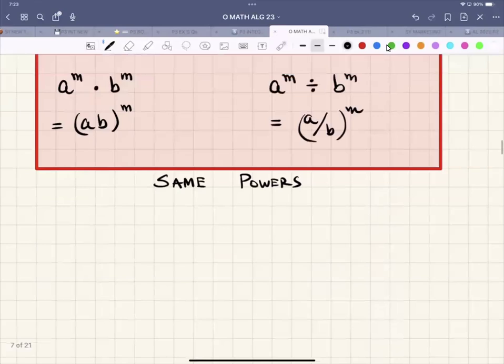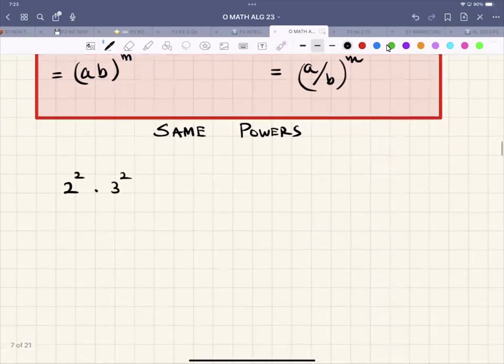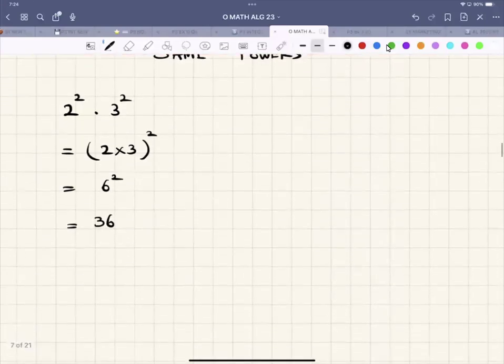So now over here, let me write 2^2 into 3^2. That becomes (2 into 3)^2, that is 6^2, that comes out to be 36. Let's again double check. So let's check.